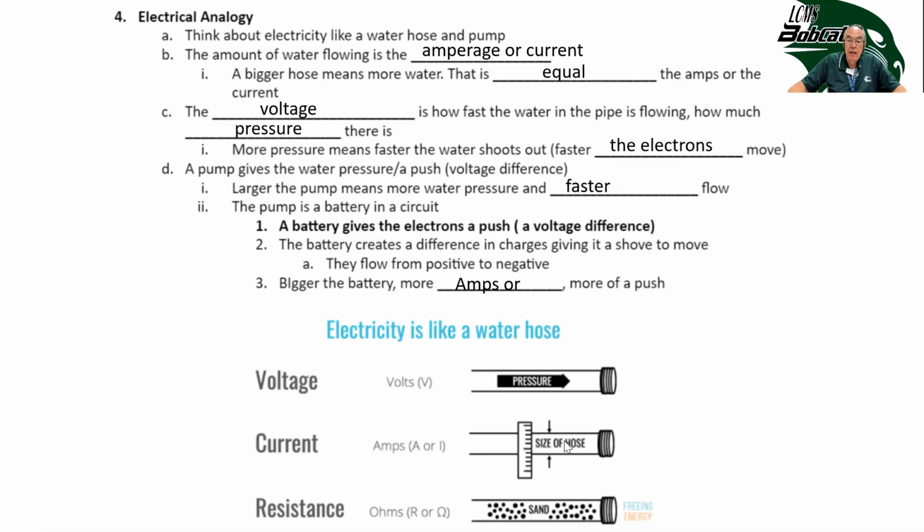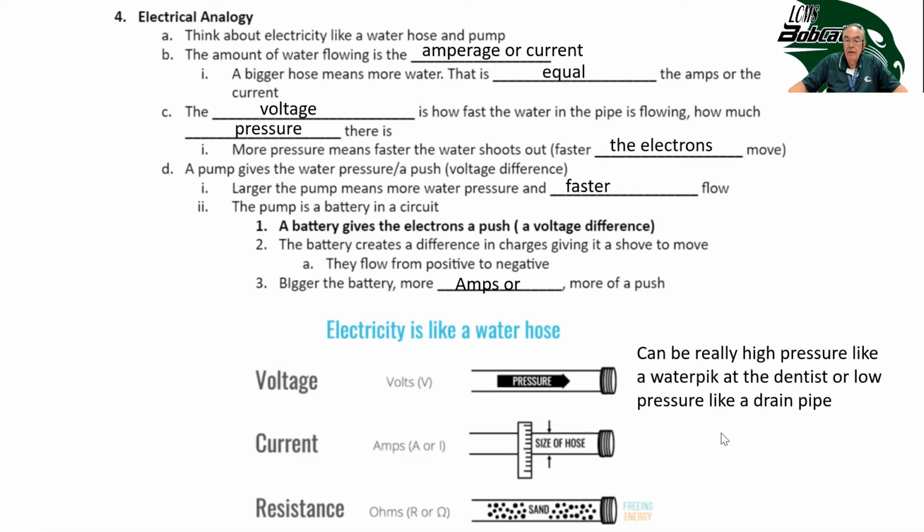So, the size of the hose, the bigger the hose, as long as they have the same pressure, more water is going to come out. And then resistance is like a little friction. So it seems to slow down the flow of electricity. So like in this example, they put some sand and some obstacles in here to slow down the flow of the water. So that will create electric resistance and friction.